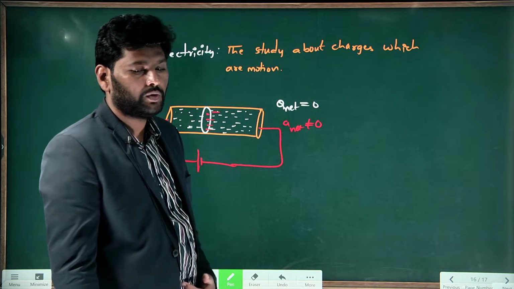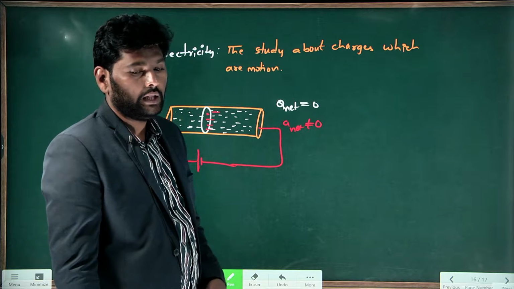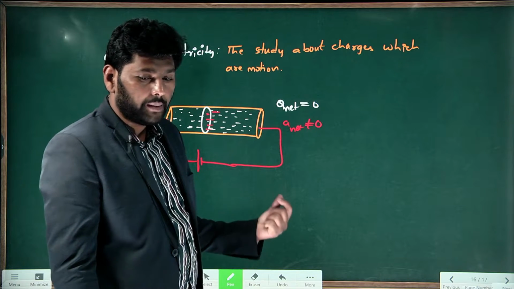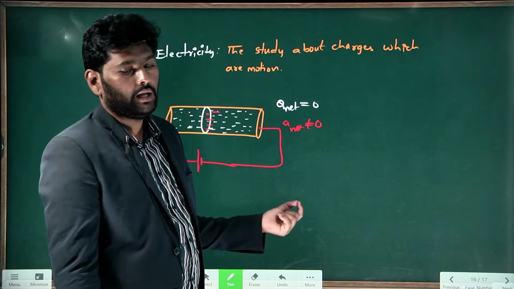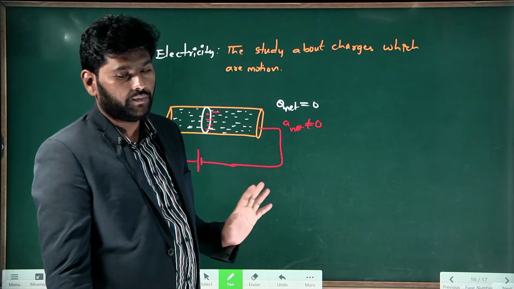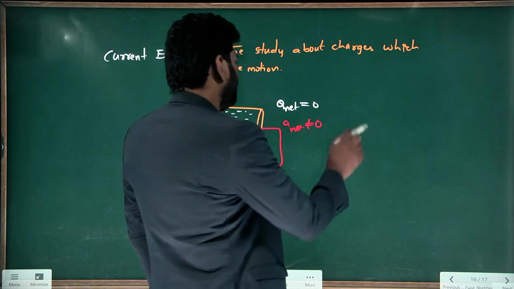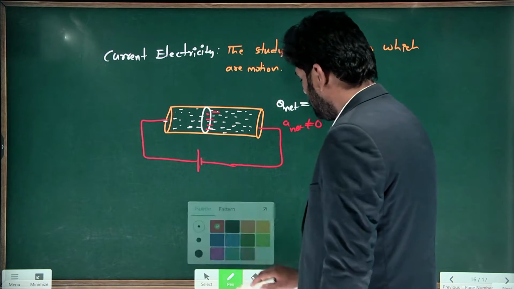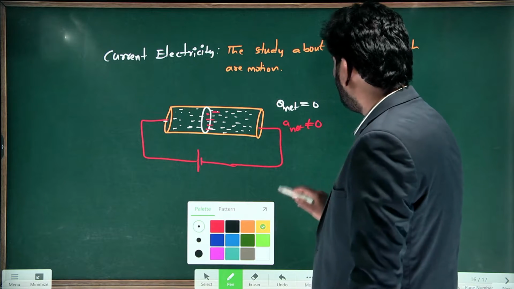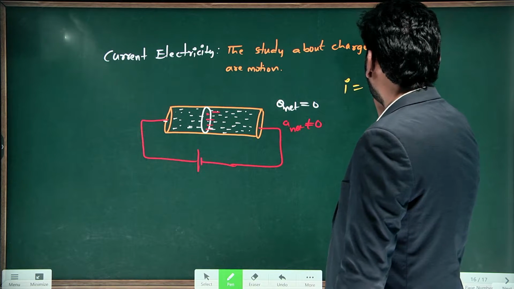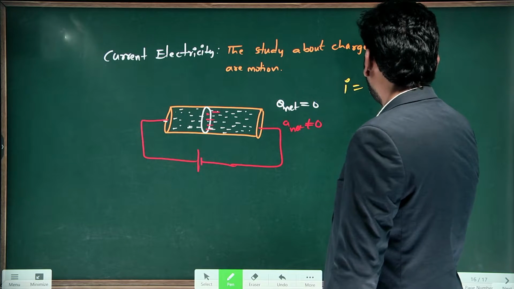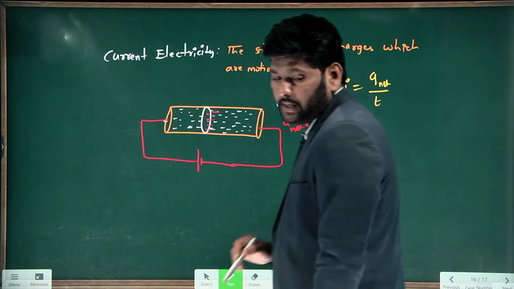The one-direction motion is known as ordered motion. In ordered motion, the net charge across any cross section can't become zero. So here, what is the definition? The net charge per unit time is known as current.